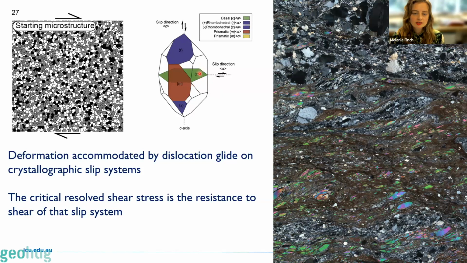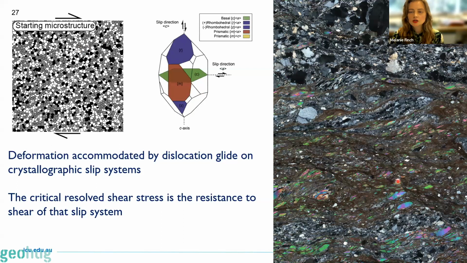The resistance of each slip system to deformation is known as the critical resolved shear stress. So for the modeling, I have a mineral, this white mineral here, and it has a mineral model. In that mineral model, I can specify the strength of each slip system, so it deforms like a real rock does.